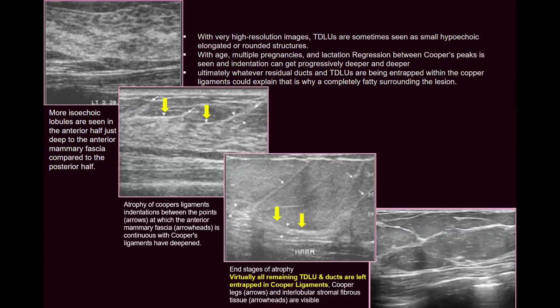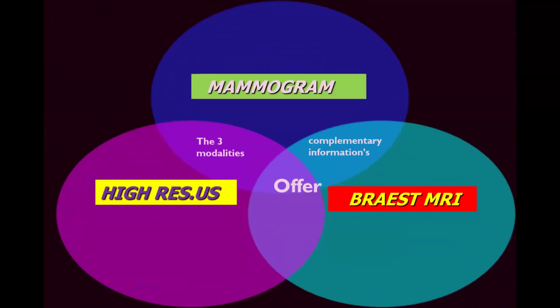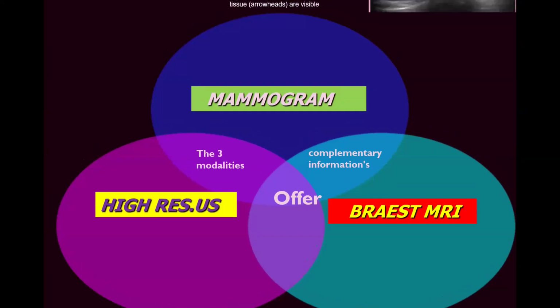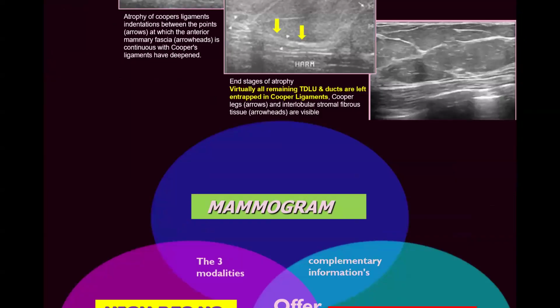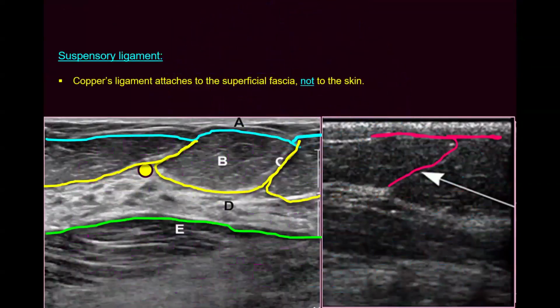And from these entrapped TDLUs and ducts, lesions can arise, and then it can be visualized as completely surrounded by fat. Is it clear? Yes. Okay. Thank you.